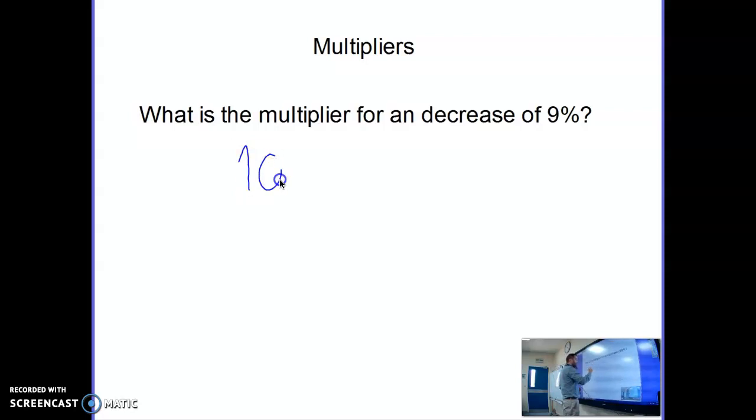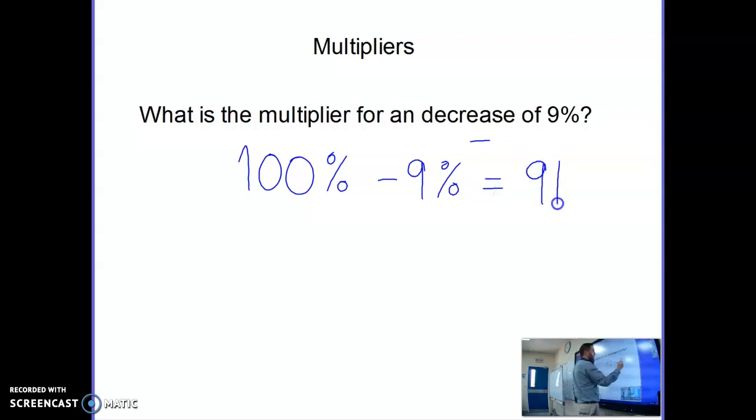But here we are still starting with the whole thing. Whatever I start with, whether it's dollars, grams, whatever, I start with 100%, but now I am taking away 9%. So I take the whole amount I begin with, take away 9%, and that is going to give me 91%.